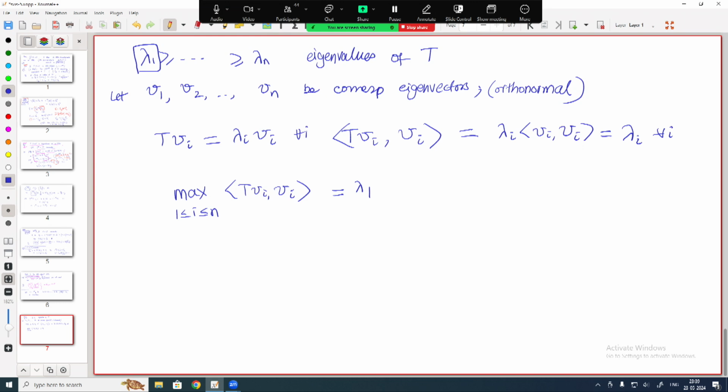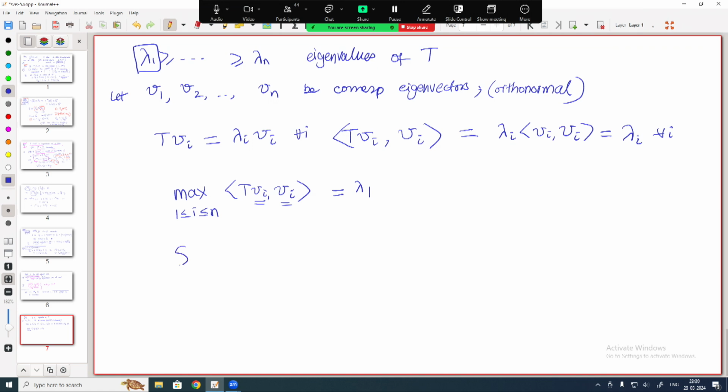Now, here is the beautiful statement. Here I have just maximized it on this particular eigenbasis. These are just n numbers: V1, V2, Vn, and for each of them I have computed this quantity, so it is lambda 1, lambda 2, lambda n. But in fact, what we can do is the following.